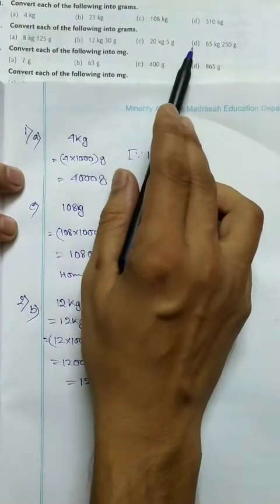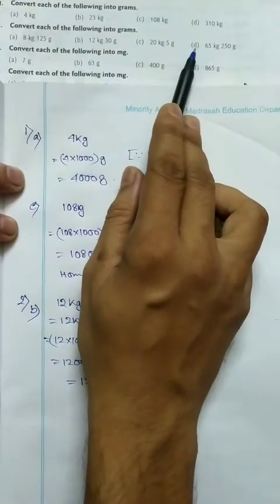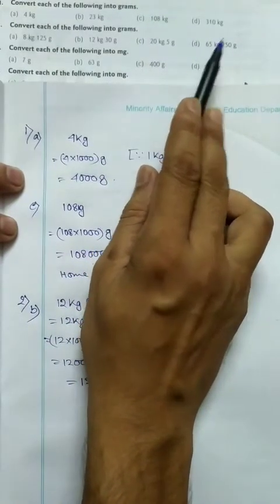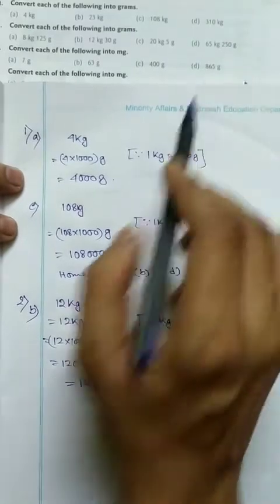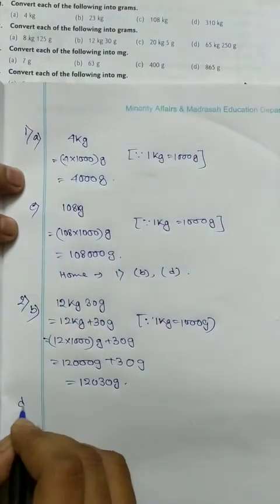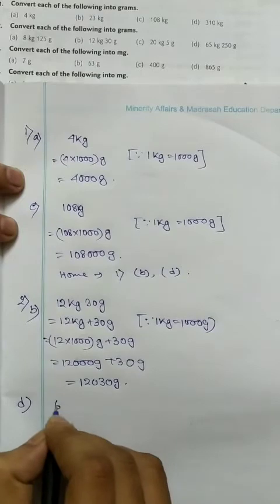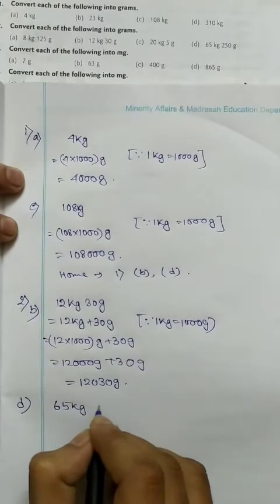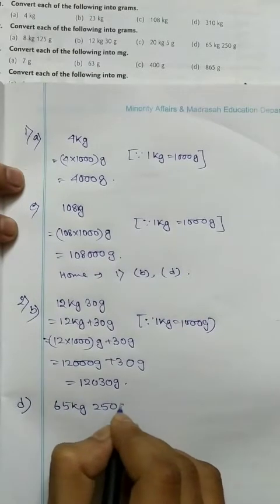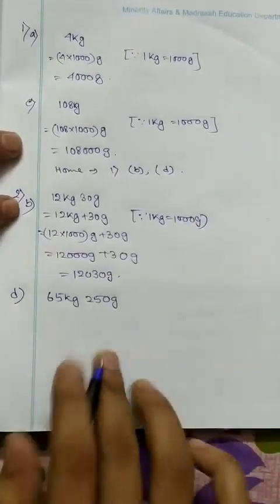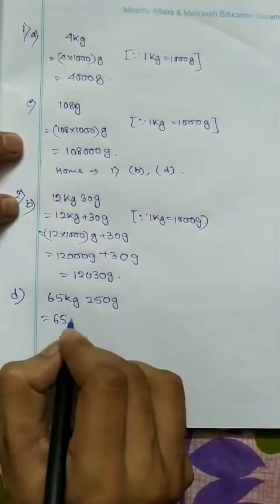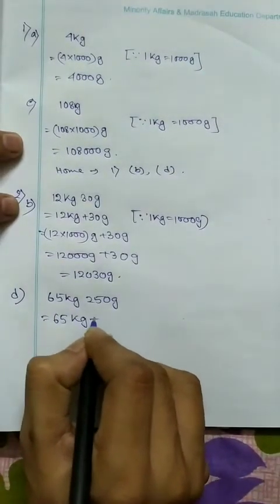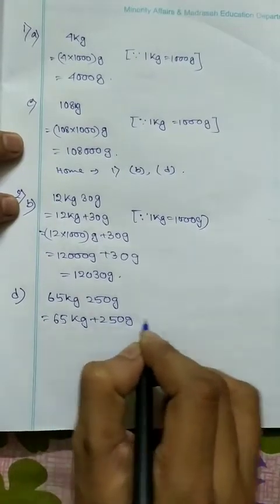Now see question D: 65 kg 250 gram. So we have 65 kg plus 250 gram.